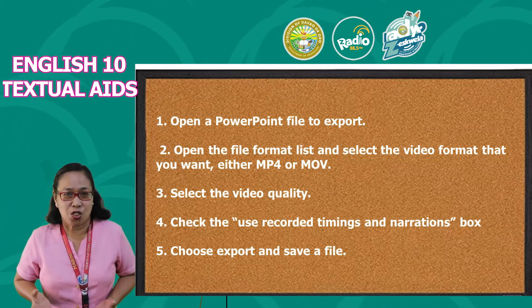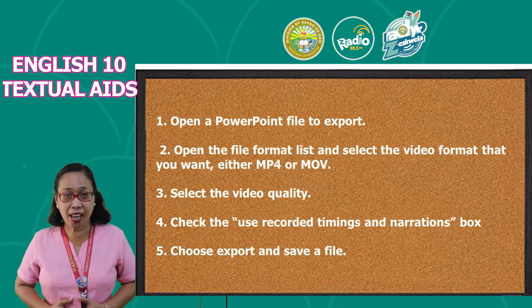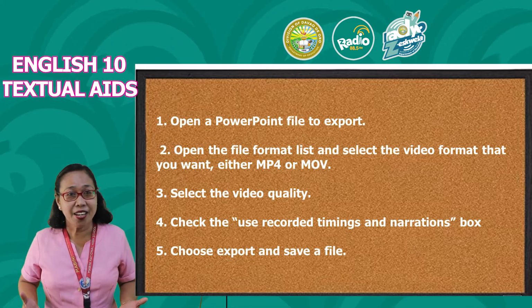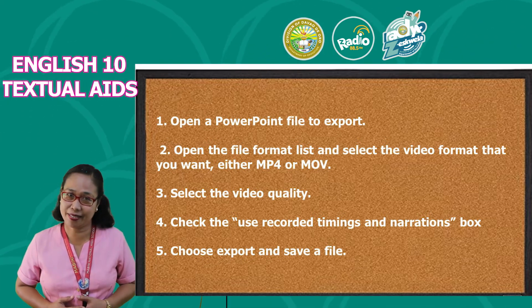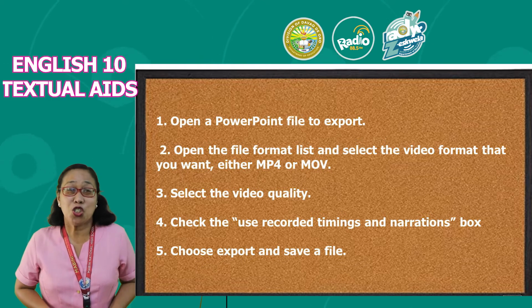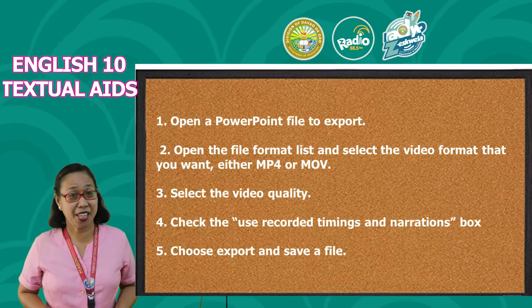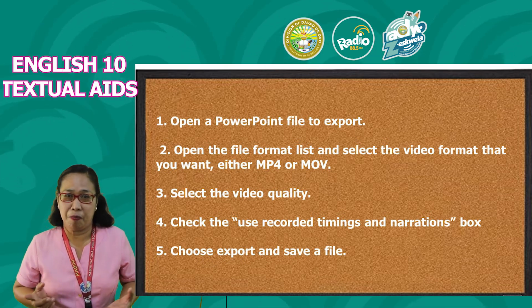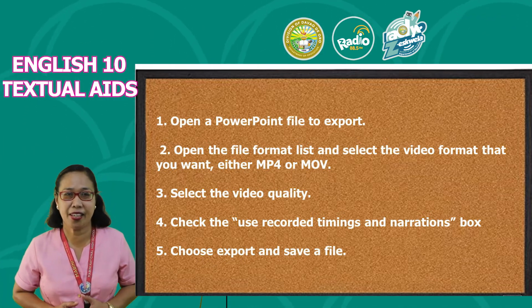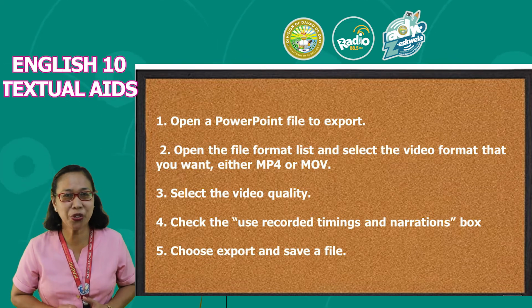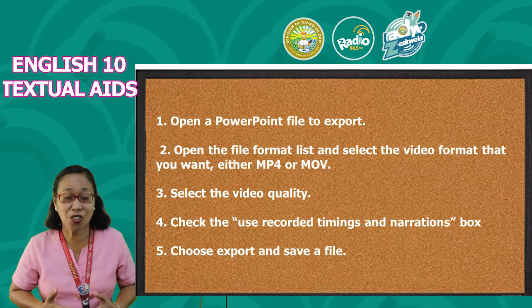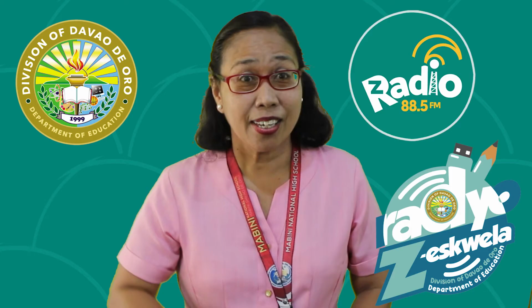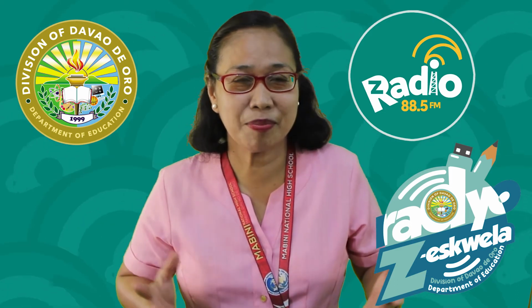Fourth, check the use recorded timings and narrations box. And fifth, choose export and save the file. Take note, answers may be stated differently, but make sure they are similar in thought or idea. Did you get the correct answer?